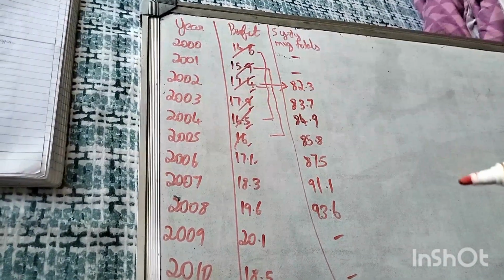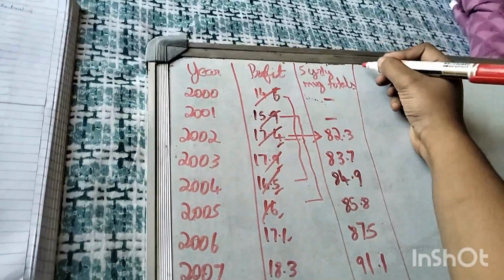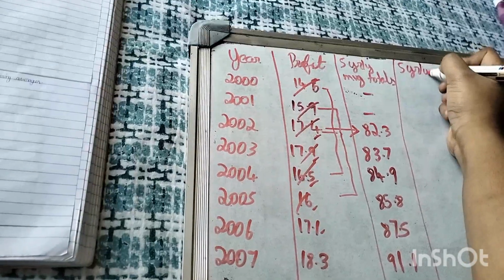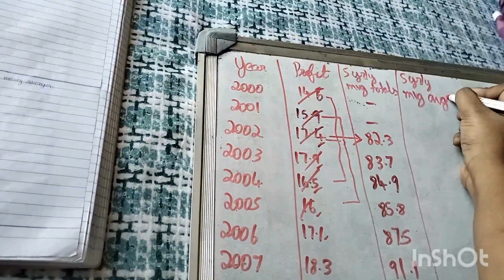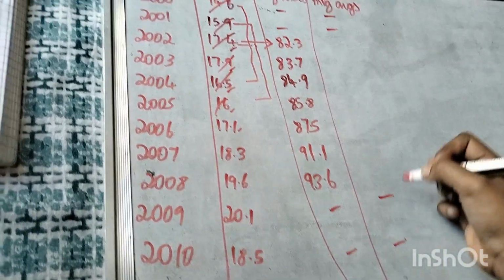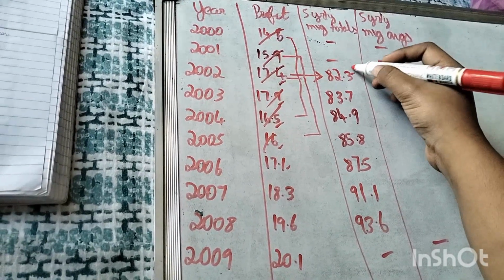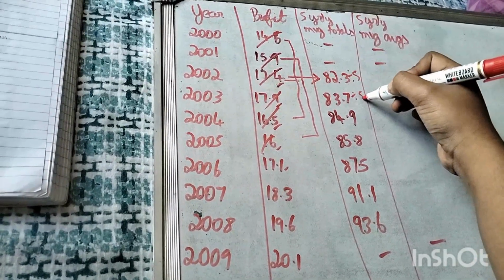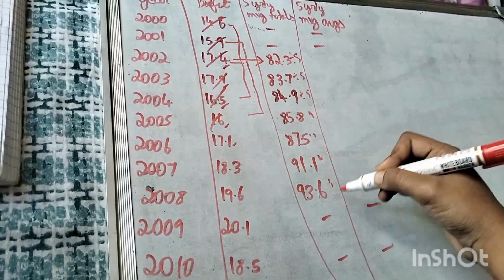And then your last table is going to be 5 yearly moving averages. First two and the last two will become blank. You divide the number by 5. Same for everything.